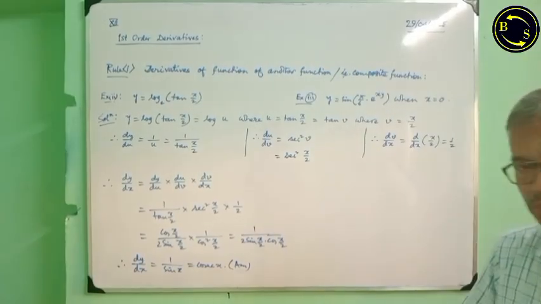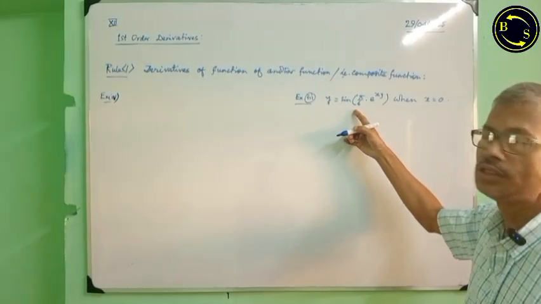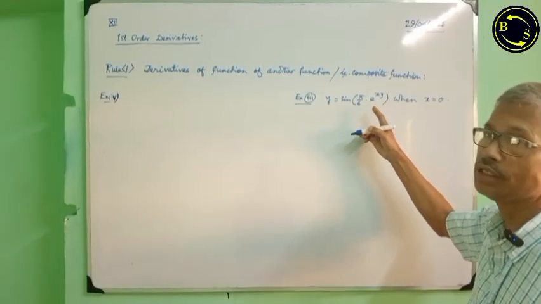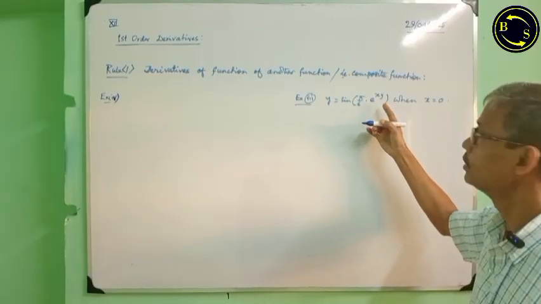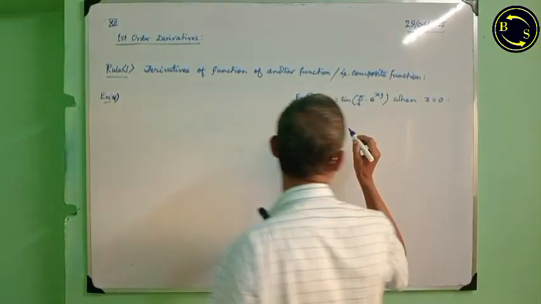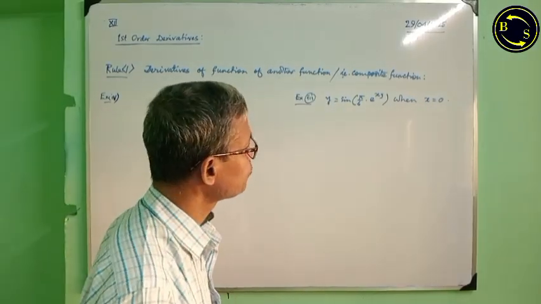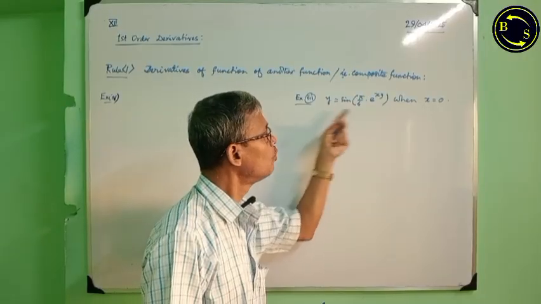This sum is solved. Now this sum: y is equal to sine, in place of angle there is pi by 6 into e to the power xy. Therefore, the form is a function of another function. First we find the value of y when x equal to 0.